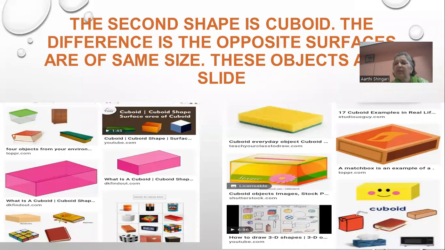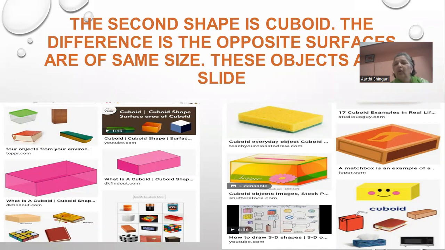The next shape is cuboid. Cuboid also 6 surfaces, 12 edges and 8 corners. The only difference is in cube, all the surfaces are of equal size, but in the cuboid, the opposite surfaces are of equal size.